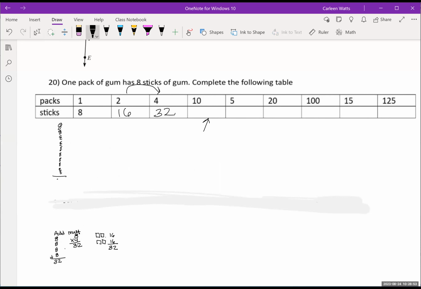And I would get how much? 80? Okay, adding is one method. What's another method? Yeah, multiply 8 times 10.